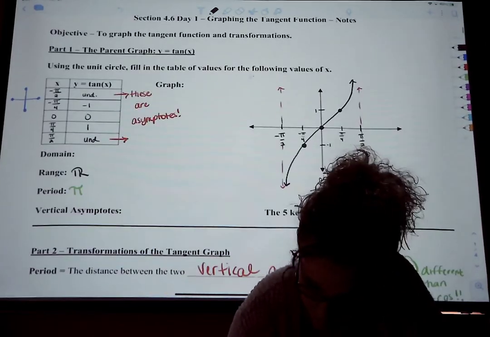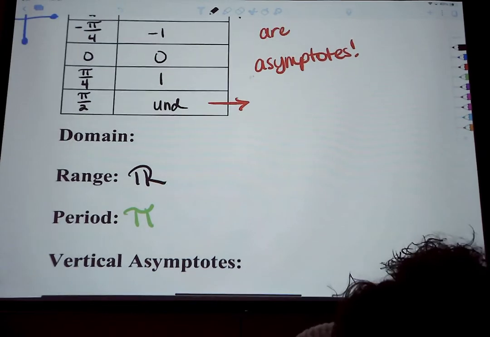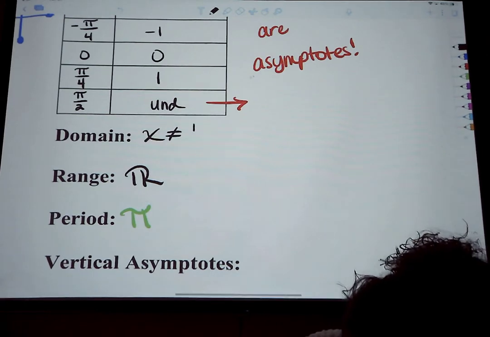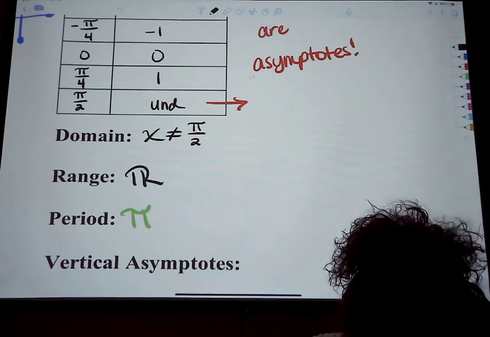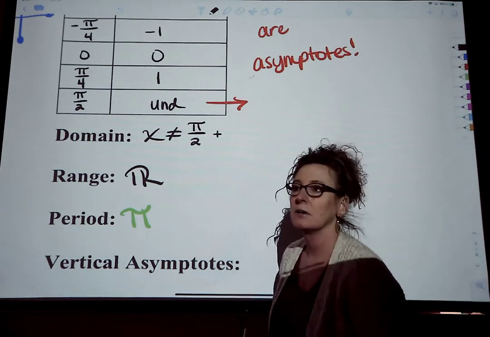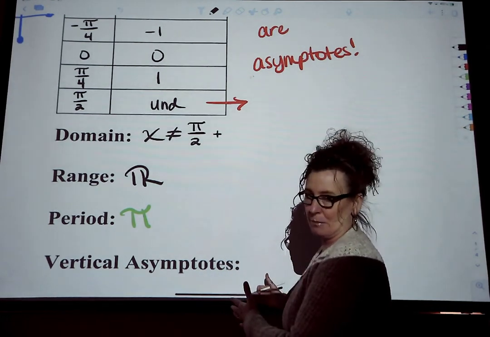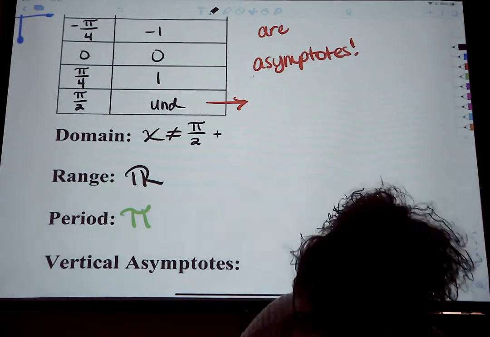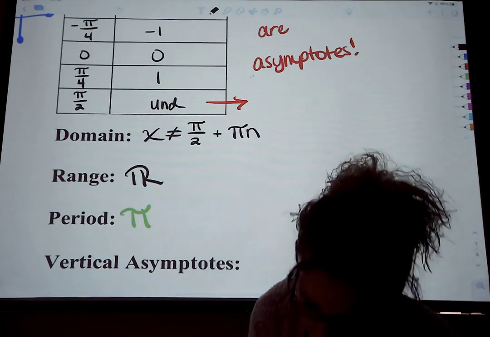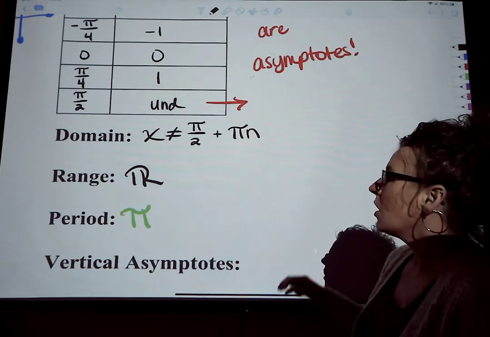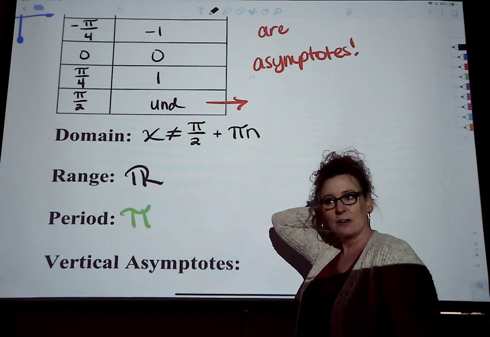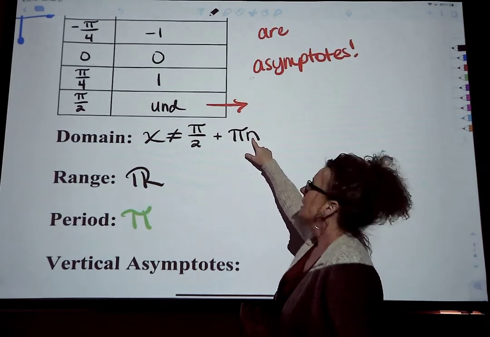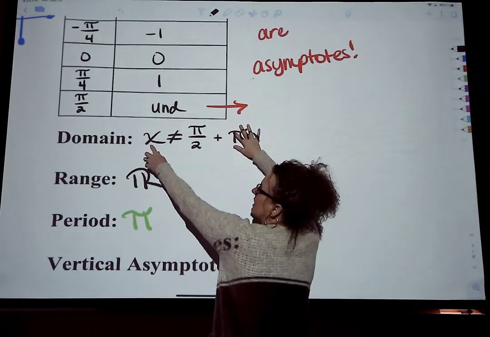All right, so here's how we're going to write this. Domain. x cannot be pi over 2 plus every pi increment, every multiple of pi beyond that. So I'm going to write it like this. n represents any integer. For example, it could represent 0. If this was 0, it wipes this out. x can't be pi over 2.